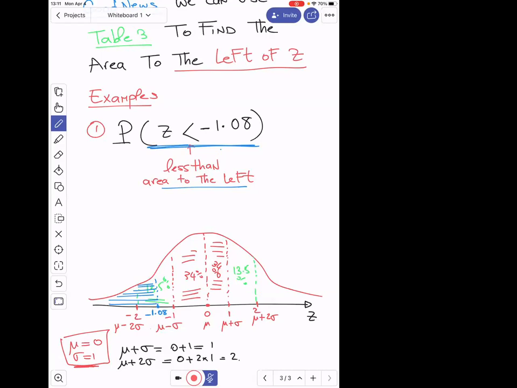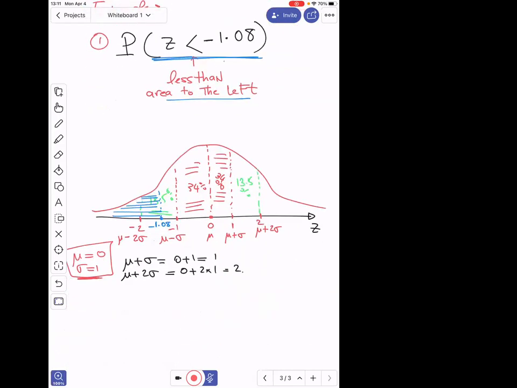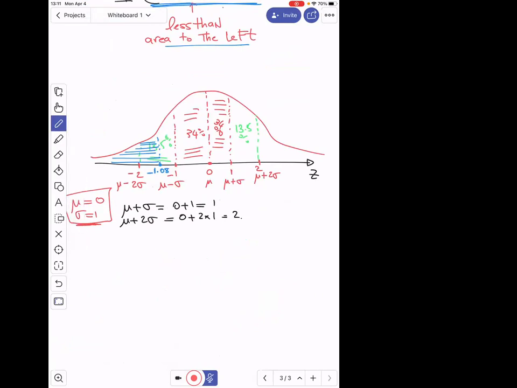So what am I supposed to do in this case? I want to find the area to the left of Z equal to negative 1.08.